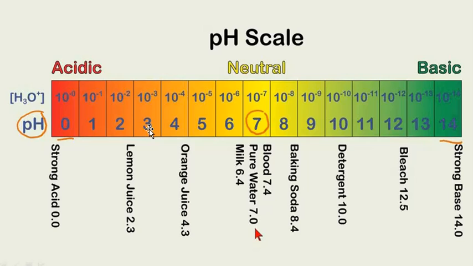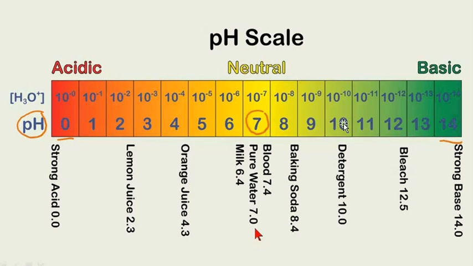Higher the value of pH, less is the acidity. So if I take two solutions, suppose one solution has a pH of 3 and the second solution has a pH of 6, the one having 3 will be more acidic in nature and the one having 6 will be less acidic in nature. That's it.